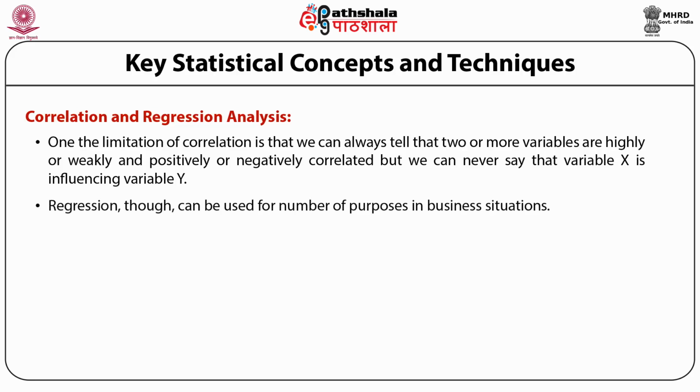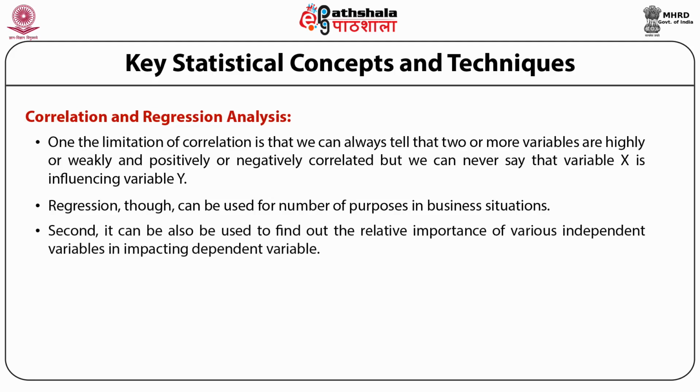Regression, though, can be used for a number of purposes in business situations. First, it can check if any relationship actually exists between a dependent variable and a set of independent variables. Second, it can also be used to find out the relative importance of various independent variables in impacting the dependent variable.